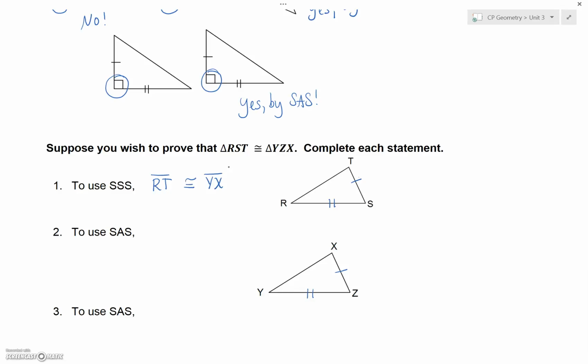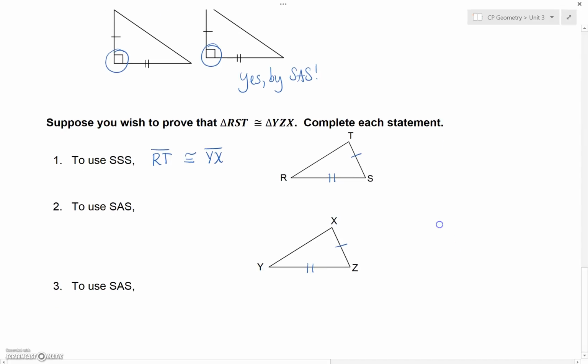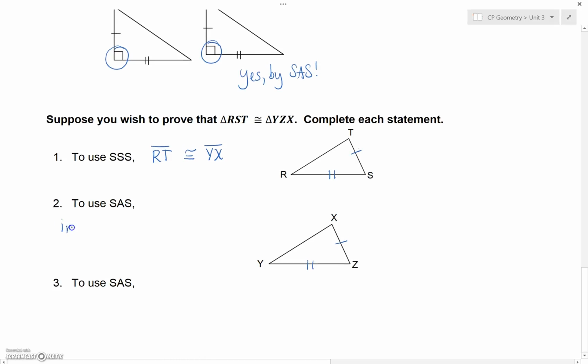So if I stick with those congruent tick marks, and I have TS and RS, and I have XZ and YZ, and I want to be using side, angle, side, well, now we need the included angle. The included angle between TS and RS would be angle S. And down here, the included angle between XZ and YZ would be angle Z. We would need to know that angle S is congruent to angle Z. Okay?